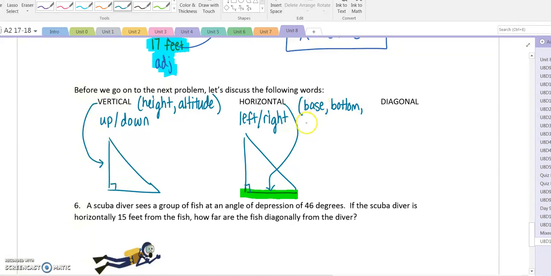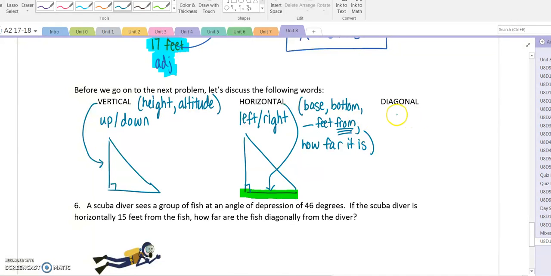If it says blank feet from, that is another way to say that's how far away it is, and that's horizontal. And let me add another one in there. It's like how far something is. All of those refer to the horizontal side.